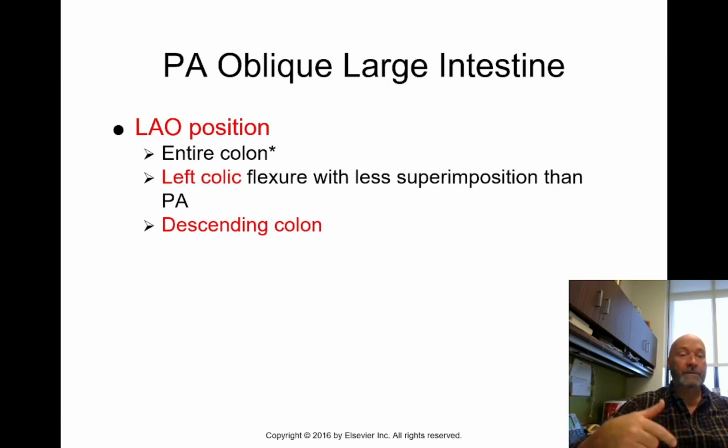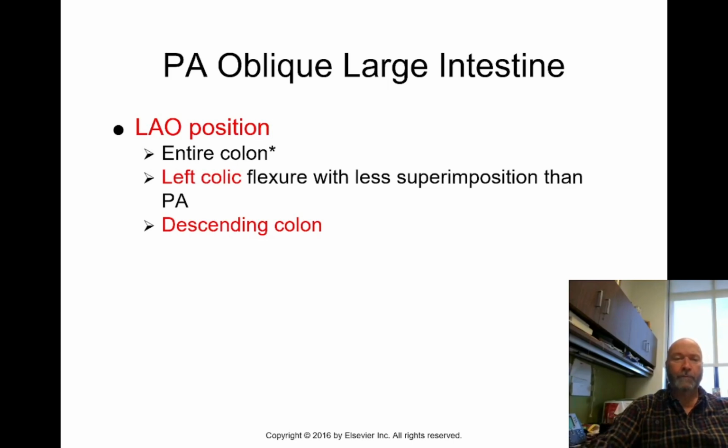So if you misposition high, right? If you go a couple of inches above the iliac crest, position the image receptor maybe closer to what you would do for an upright abdomen, then you should include all of the required anatomy, and what you might not include is anatomy all the way at the bottom of the colon.